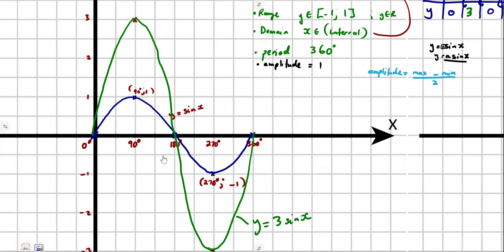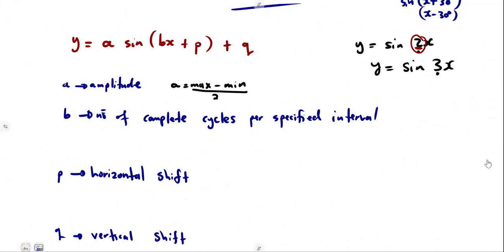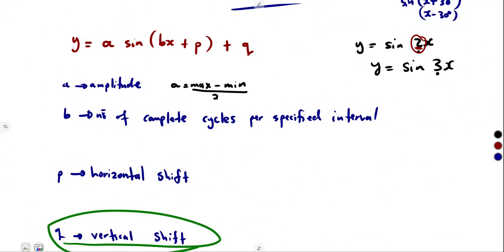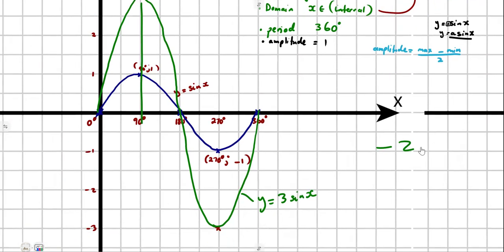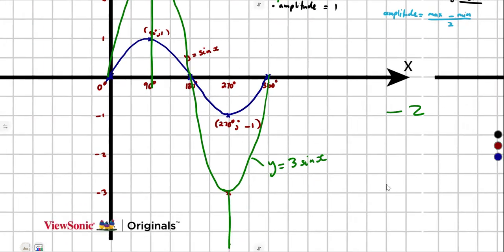We do not have a vertical shift so far, because this vertical shift, guys, is affecting our graph at the end. So when there's a vertical shift, we are not going to have this graph at 3 or minus 3. Because maybe it is shifted minus 2. It means the 3 will go down 2 units. This one that we have at the minimum value is also going to go down 2 units.